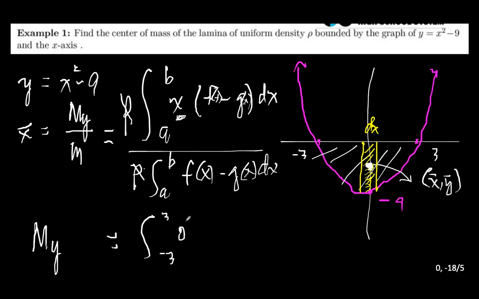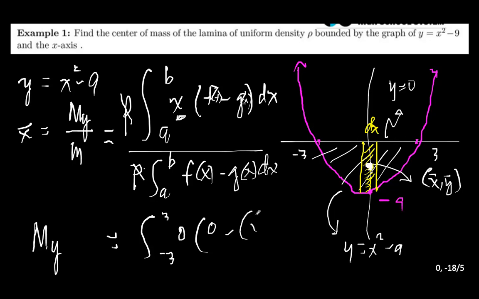So therefore, 0 times, this graph is y equals x squared minus 9, and this graph is y equals 0. Since our upper graph is y equals 0, that's our f, and our g is the parabola, x squared minus 9.